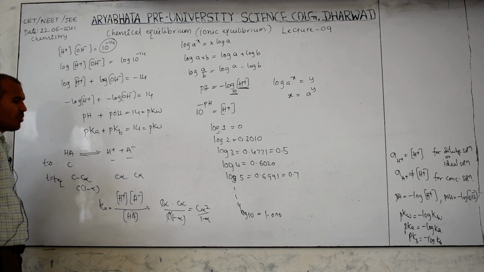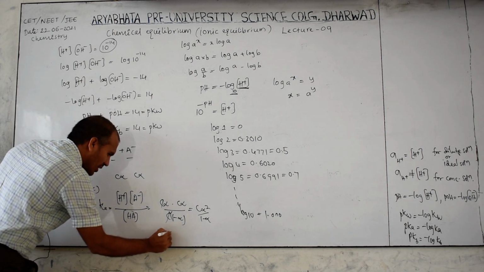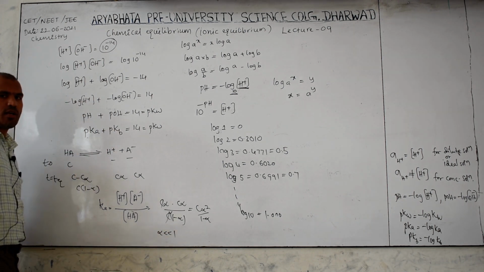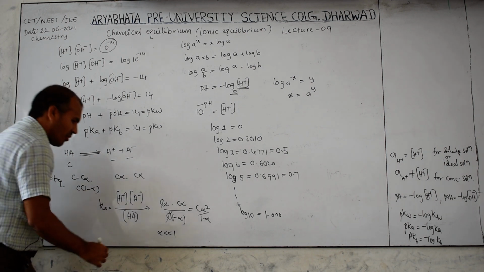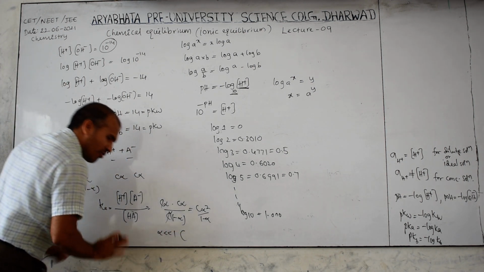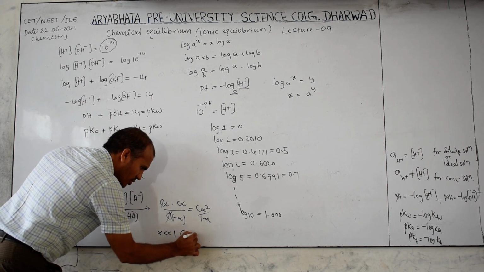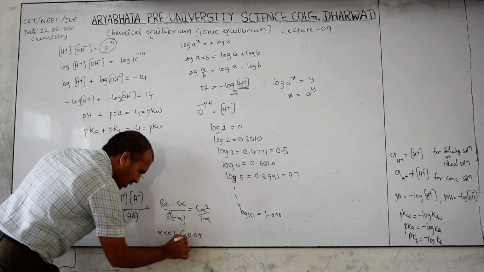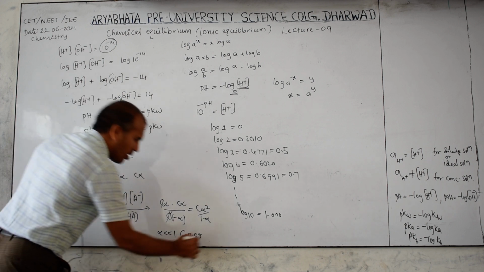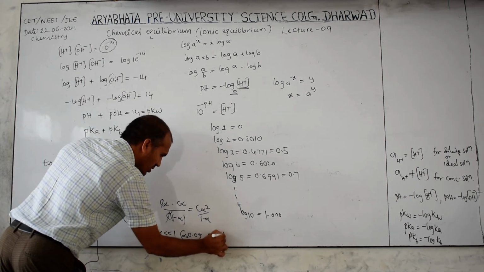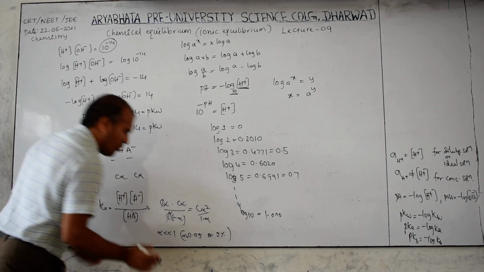These formulas we have to remember. When alpha is less than 1, you use the approximation method. If the alpha value is 0.05, or if the percentage given is 5%, at that time only we can neglect alpha.